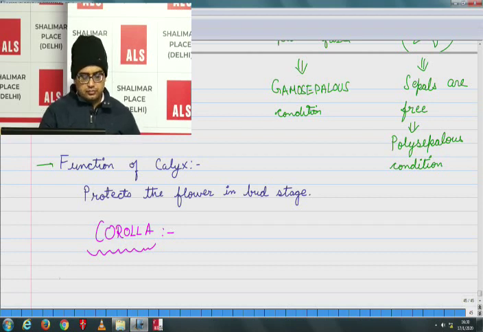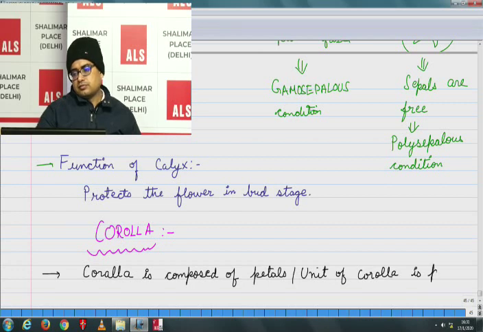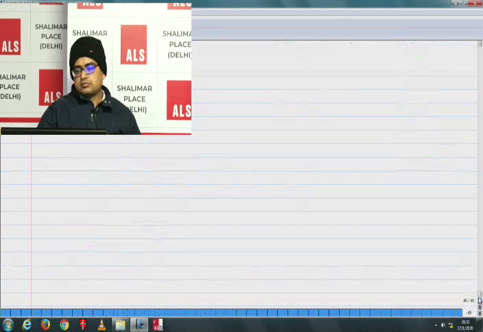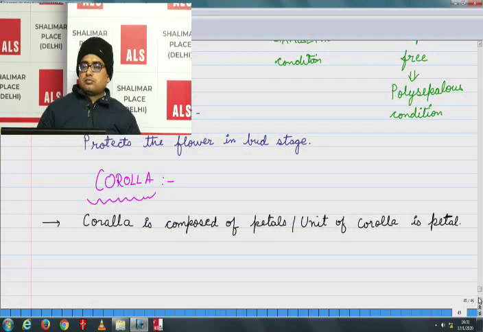Corolla is composed of petals. A unit of corolla is petal.